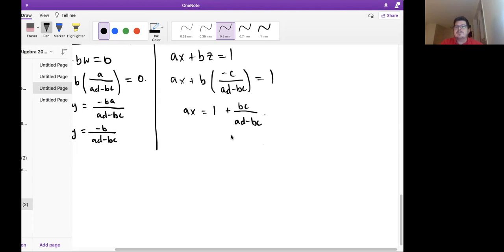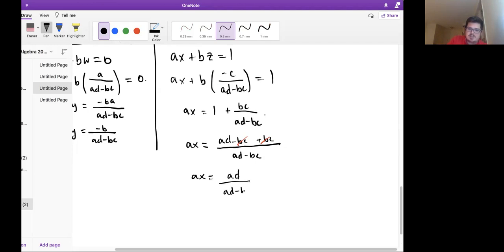What happens if you combine the fractions? You get ax equals ad minus bc plus bc over ad minus bc. Let's cancel, and you get ax is equal to ad over ad minus bc.